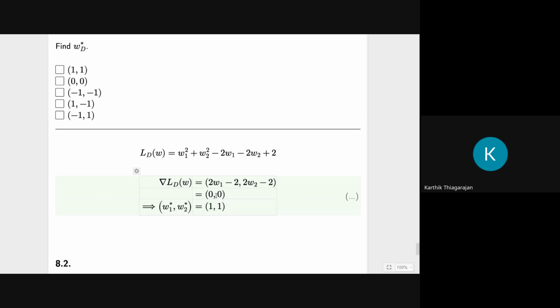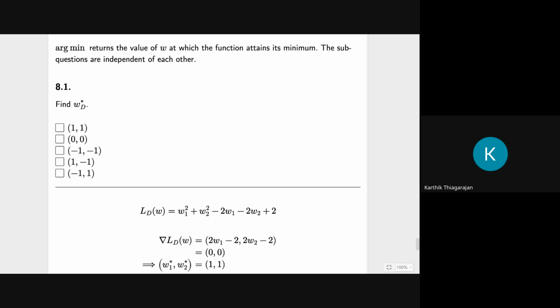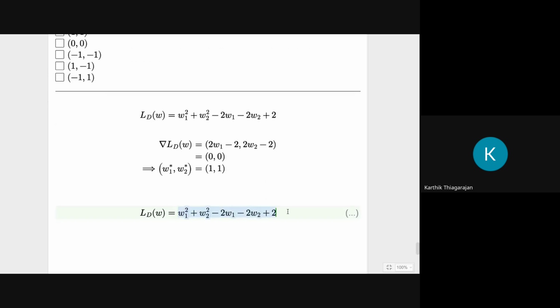There's another way to solve this. Did anyone try the other way? There's a way of seeing the solution right away. You can just put the values in the equation and see which is the minimum. I didn't see that coming, but yeah, you can do that also. There's one more way, which is to see that this is nothing but (W1 minus 1) whole square plus (W2 minus 1) whole square.